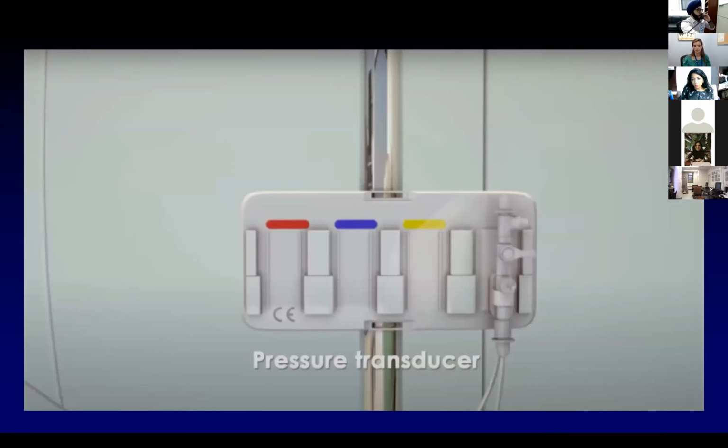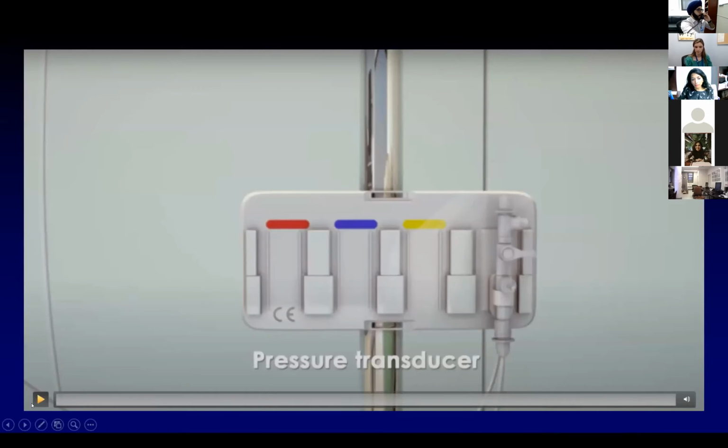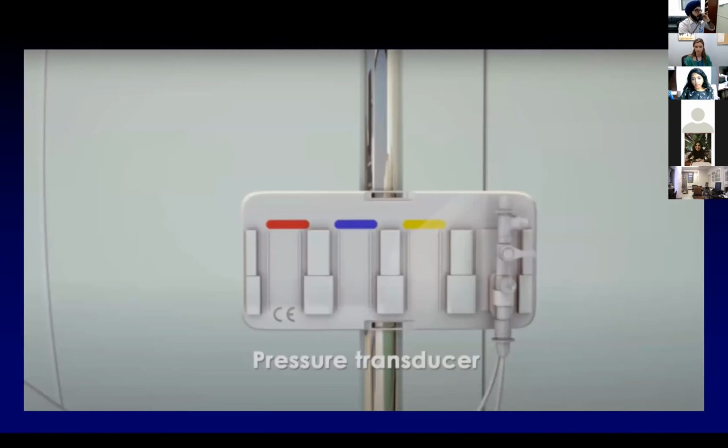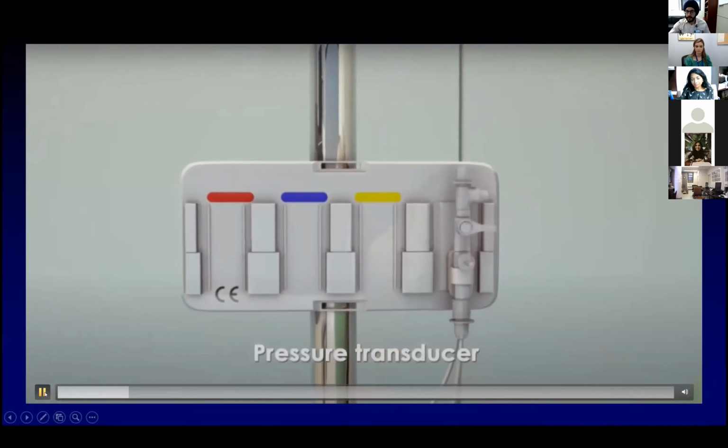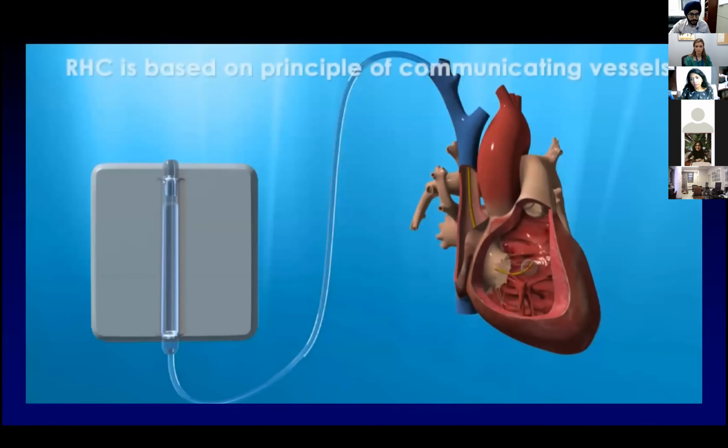The swan's ports will be connected to a pressure transducer, which is how the pressure readings are displayed to us. And essentially how that works is, each of the ports is connected to a pressure transducer. So for instance, the blue would be connected to the CVP port, the yellow would be connected to the PA port.